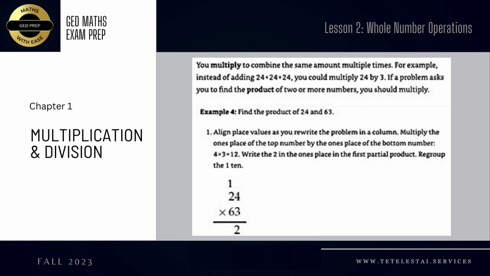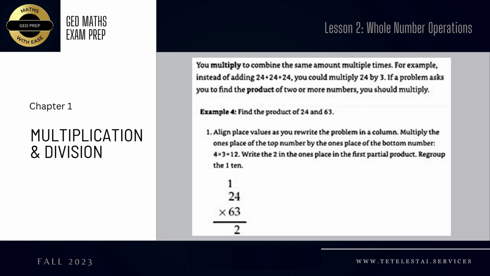So just maybe as a helpful hint, anytime that you're in the ones column and you have a product, so you've multiplied 2 numbers, or you have a sum, you've added 2 numbers, or you have a difference, you subtracted 2 numbers, that leaves you with 2 digits, in this case 12.